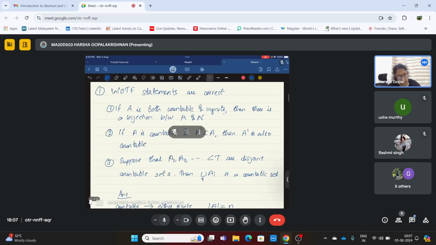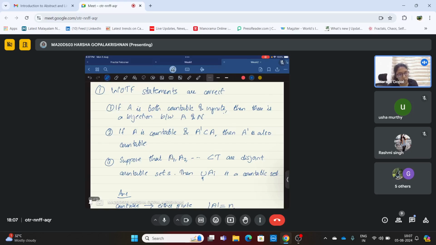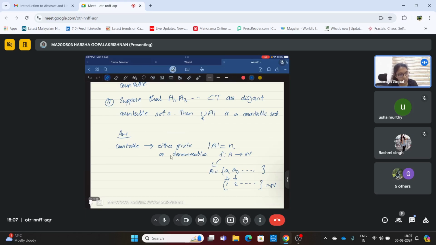So what is the question? It is given that it is countable and infinite. Given countable, it can be either finite or denumerable. But what we have is that it is infinite. That means it is not finite. So we have only the other case, denumerable.